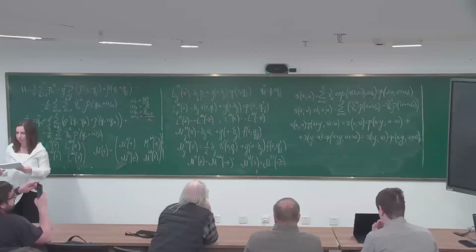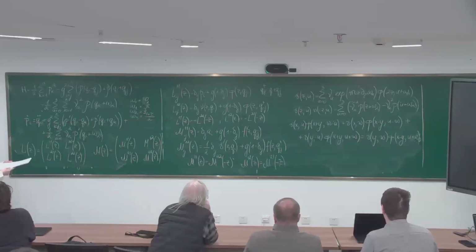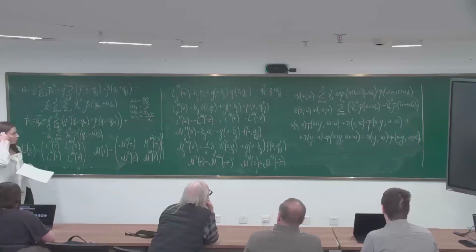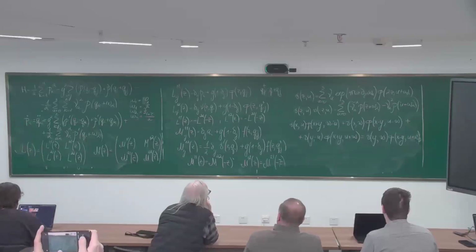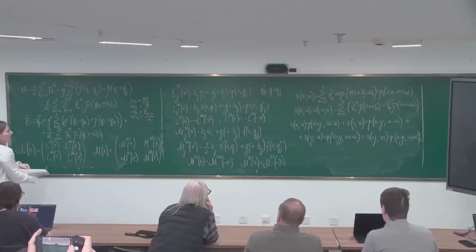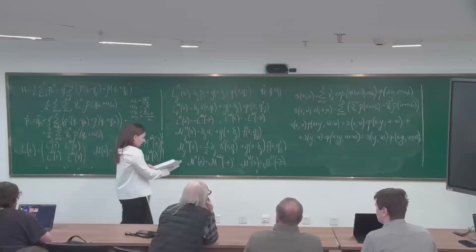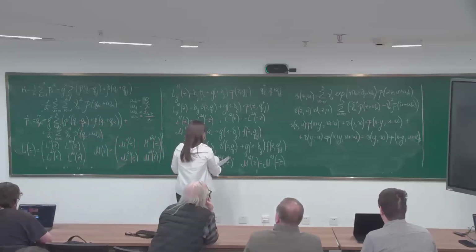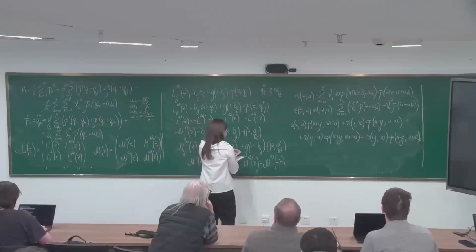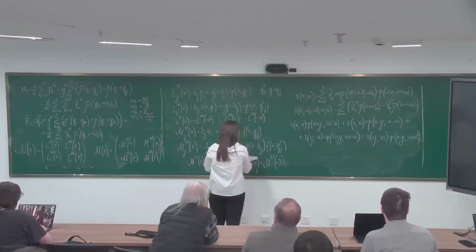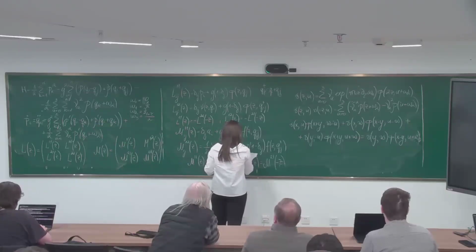Okay, and how to generalize this for the matrix case? Again, you just replace this phi by the Baxter-Belavin R matrix. But what is V now?